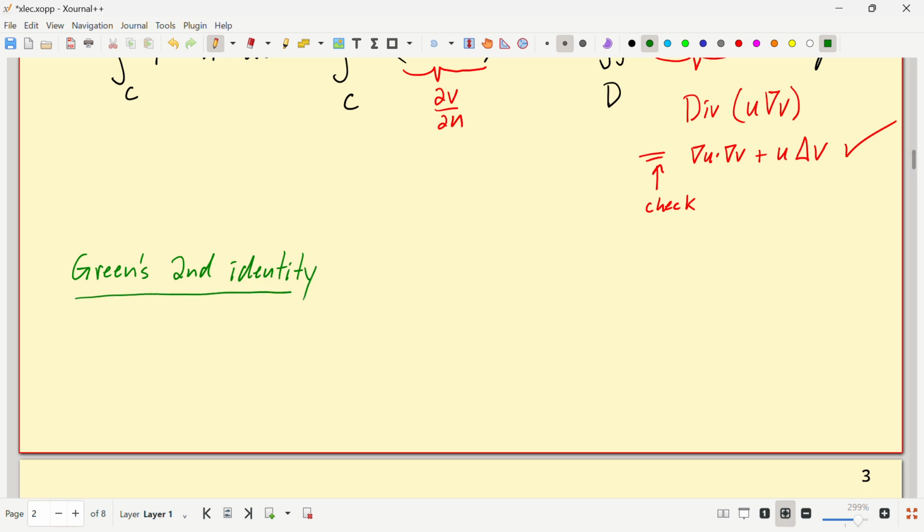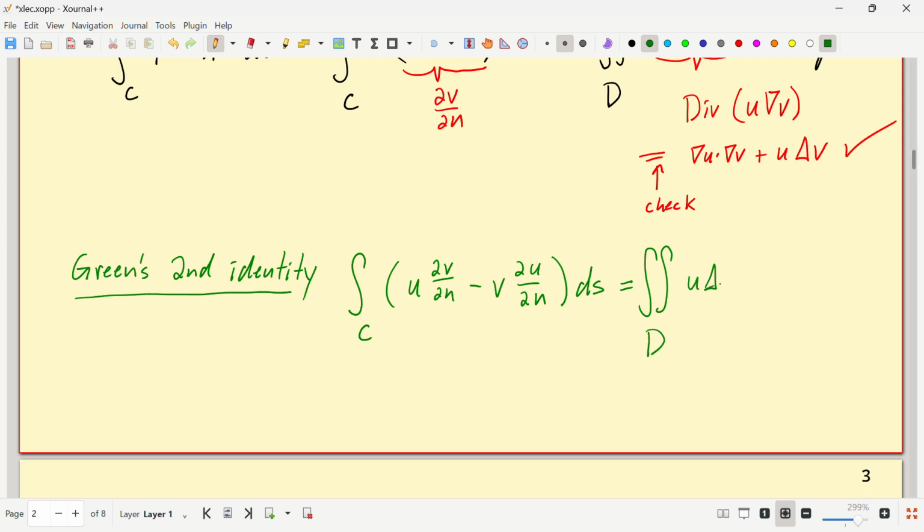Green's second identity is the integral around the outside of u dv/dn minus v du/dn ds, equal to the integral over the inside of u Laplacian v minus v Laplacian u dx dy.